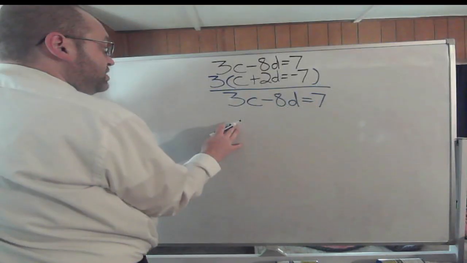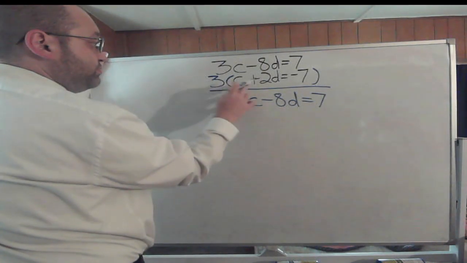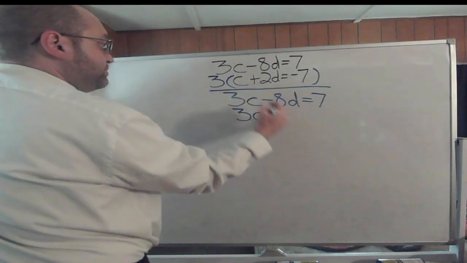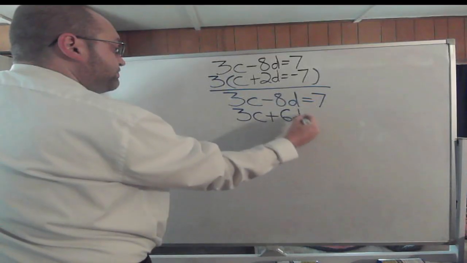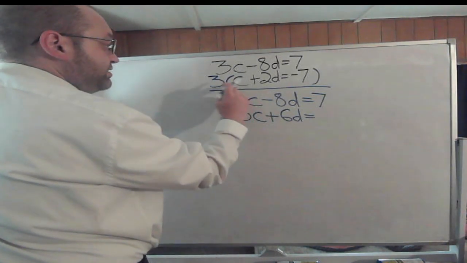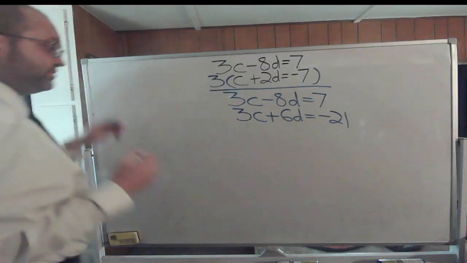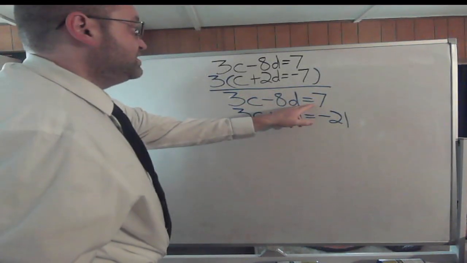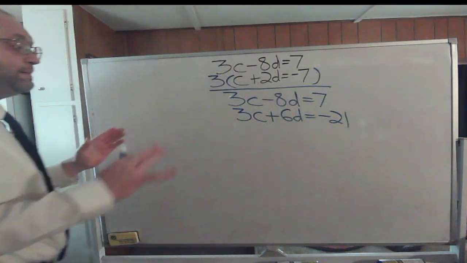But what you have next, you multiply the second equation by 3. 3 times c is 3c, plus 3 times 2d, that'd be plus 6d. That would equal 3 times negative 7, that would equal negative 21. So now you still have 3c minus 8d equals 7 and 3c plus 6d equals negative 21.